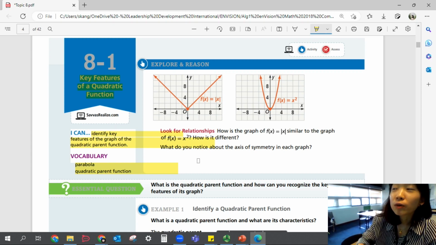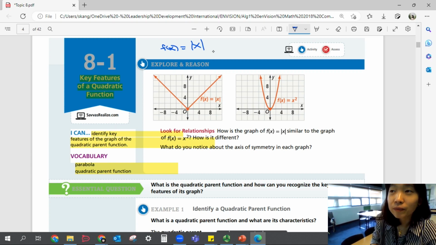Okay, so if you have an absolute value function, the parent function without any transformation is just f of x equals absolute value of x, right? And then if you have transformations like slopes, the altitudes, right, and h and k, those are going to change your graph.